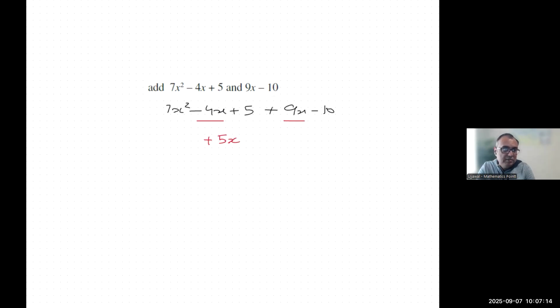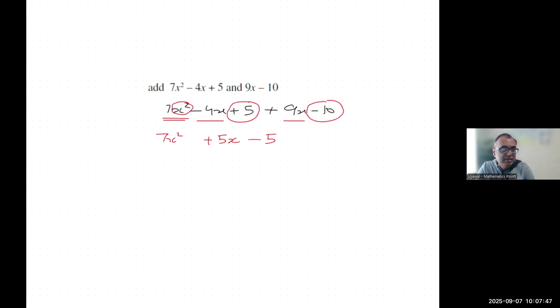Now, let me see if I've got anything for 7x squared. I don't have anything with x squared here, so I can't touch it. It will sit as is. And the other like terms are these constant terms. 5 positive, take away negative 10, which is negative 5.